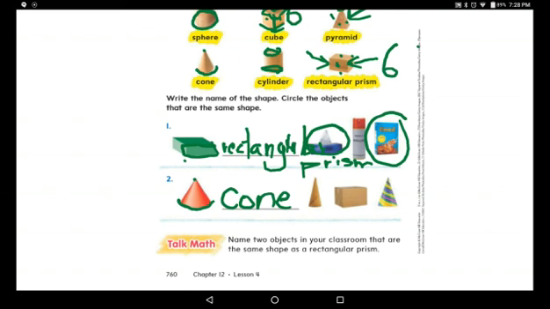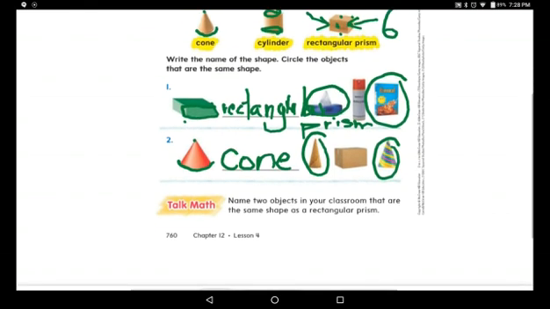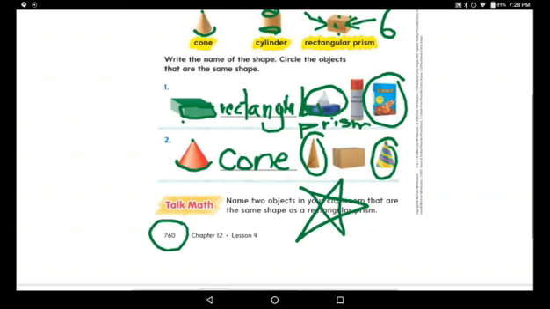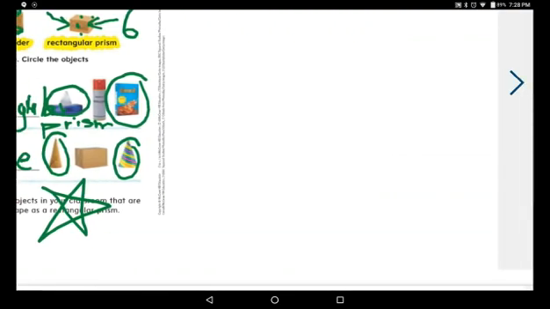Which objects are also cones? It's the ice cream cone, and it is the party hat. Great job. We're done with page 760. Put a big star and then go to the next page.